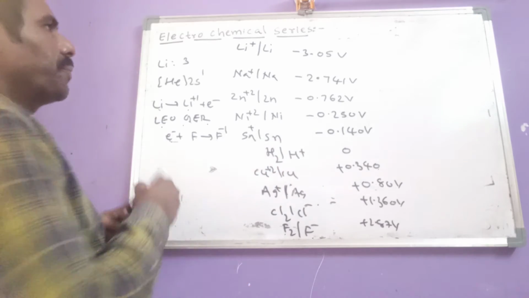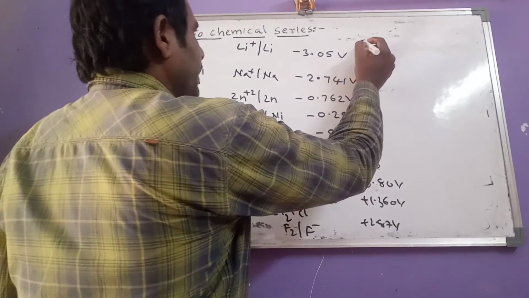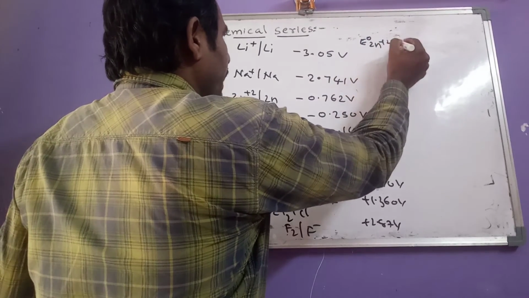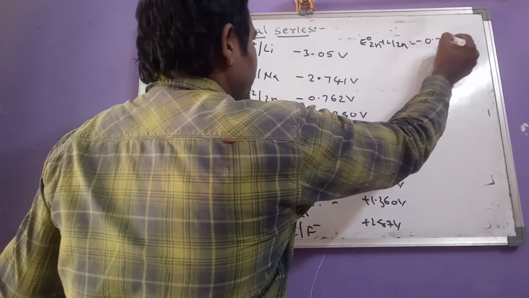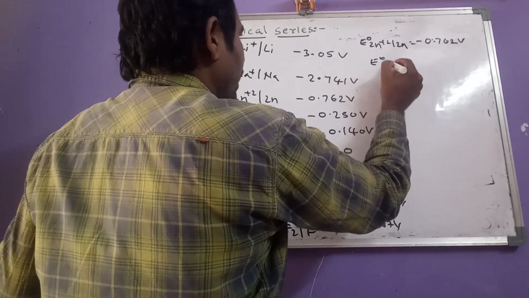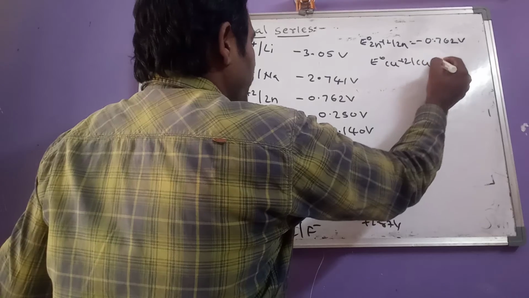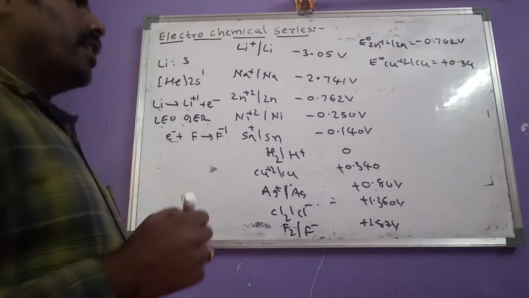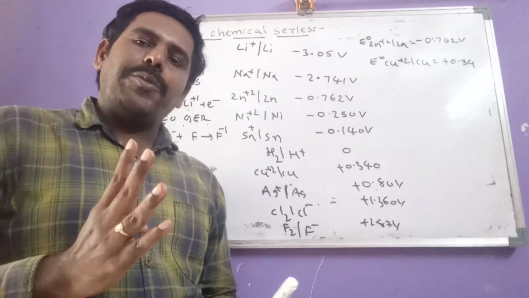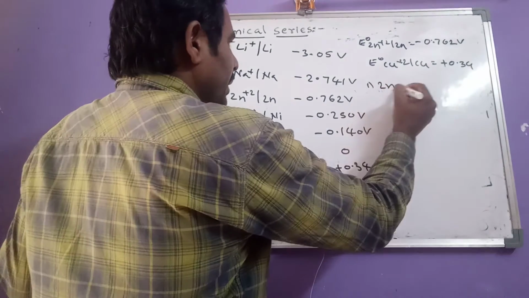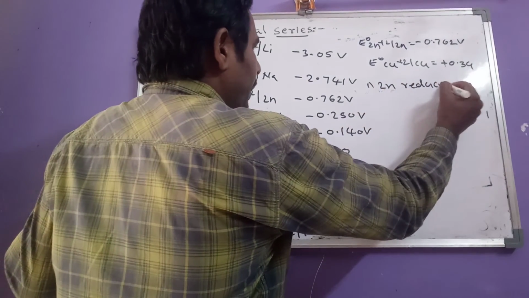Okay, then what are the different questions we are going to see from this? See here, they give the question like this: E naught of Zn2+/Zn is minus 0.762 volts, and E naught of Cu2+/Cu is plus 0.34 volts. Now, four different options I give here. We have to answer which is correct. First one is zinc reduces copper.